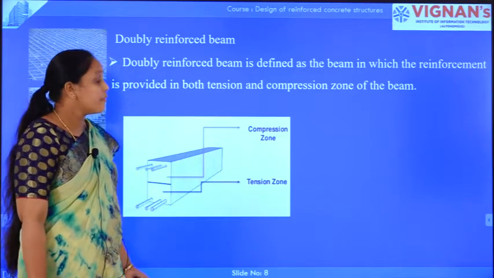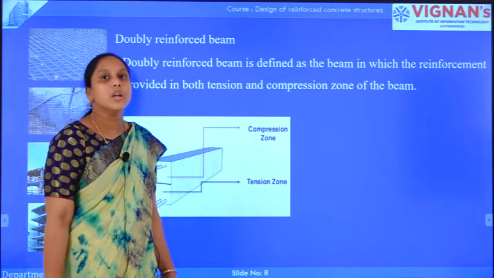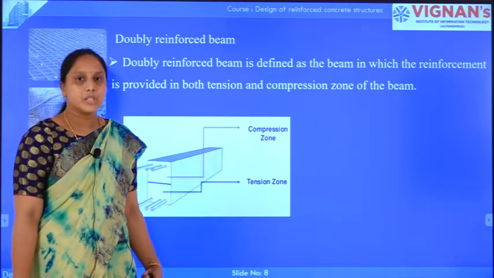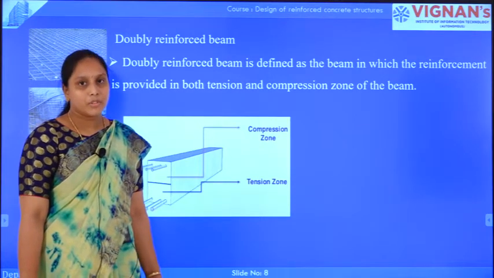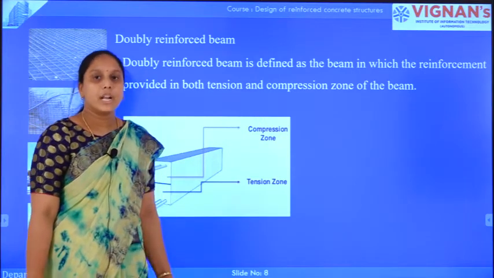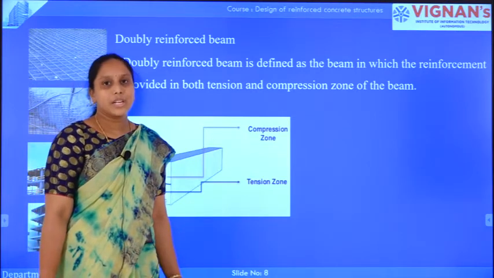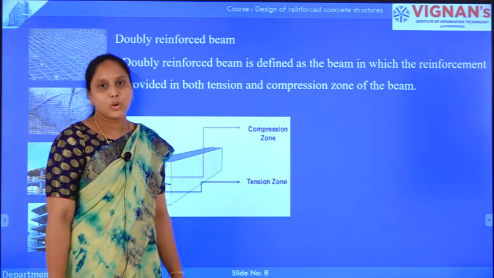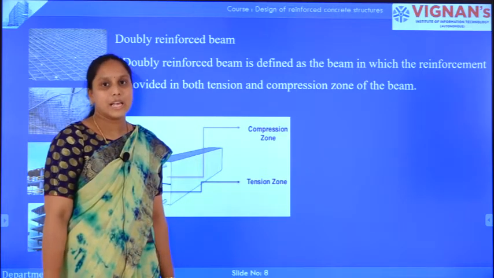So, why is reinforcement provided both in the compression zone as well as the tensile zone? If the moment which has to be carried is more, and if you have restricted the depth of the beam, in such cases you have to go for a doubly reinforced beam. For example, in a singly reinforced beam, we have reinforcement only in the tensile zone.